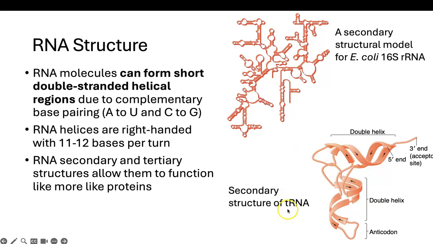Similarly with this one down here, tRNA, also really important in translation. Its ability to perform its duties in translation is tied to its secondary structure, the way that the single strand folds back on itself and interacts through complementary base binding.